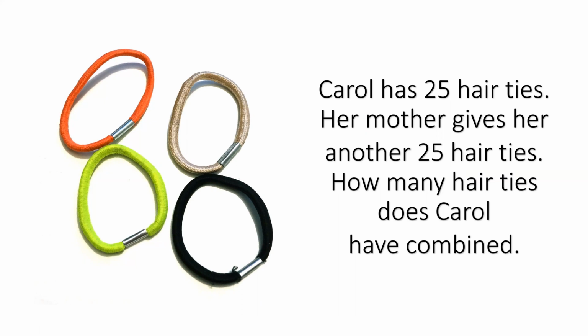Okay, did you guys guess that our clue here is the word combined? Combined tells us that we are going to add 25 plus 25. Now, if you would like to solve this math problem, pause the video and give it a try. Make sure you use your addition checklist and your manipulatives.